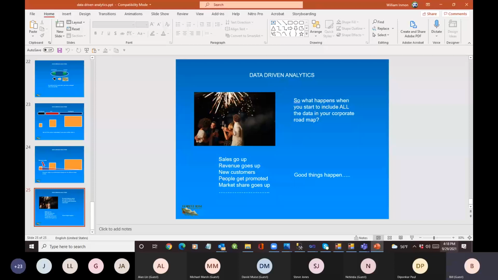Textual ETL is very fast and very inexpensive. If anybody's interested, you can look up our website, Forest Rim Technology, and read a lot more about it.